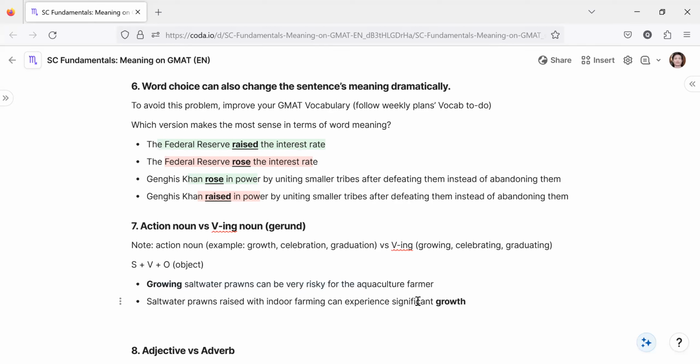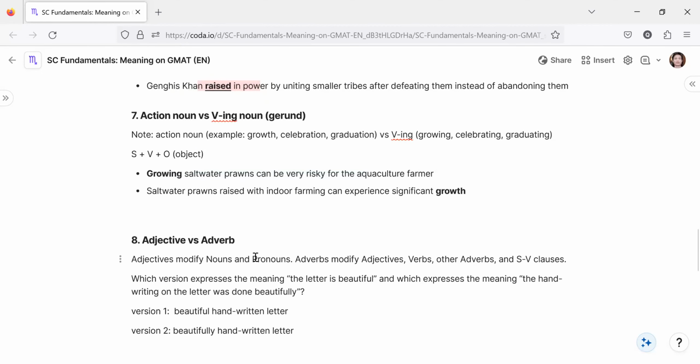It's talking about an entire phase or stage of the prawns: getting heavier, getting bigger, getting nutrients and then excreting waste, etc. So it's very different from the action of growing, like farming saltwater prawns, as in the previous sentence. So you've got to pay attention to that when you look at different versions of the same original verb: the action noun and the verb-ing noun.